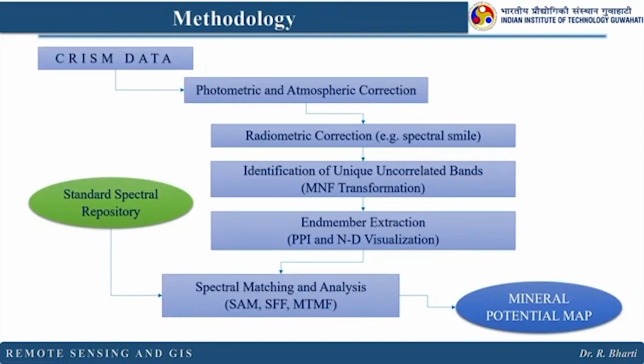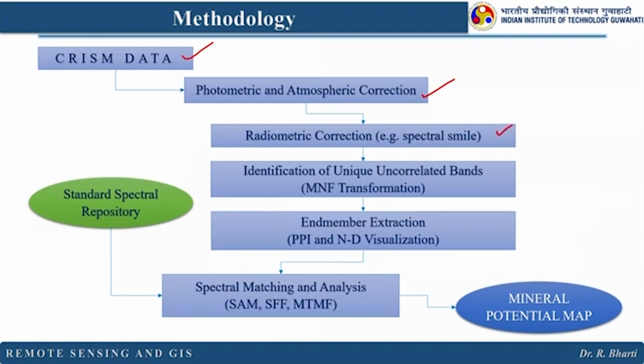So what method have we used to solve our purpose here? First we started with CRISM data. CRISM is hyperspectral data, so it needs to be corrected for photometric and atmospheric effects, and then you have to do the radiometric calibration.